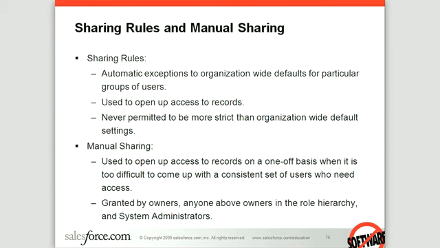There are two things that we're going to utilize: sharing rules, which automate the sharing of records with other users or groups, and manual sharing, which allows your end users, on a record-by-record basis, to share a record with someone else. Okay.